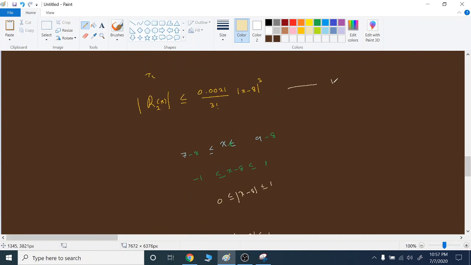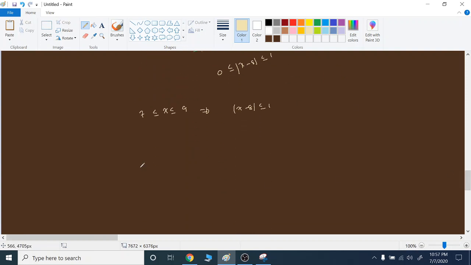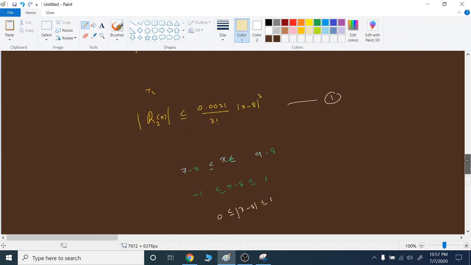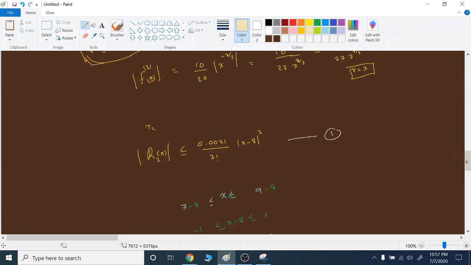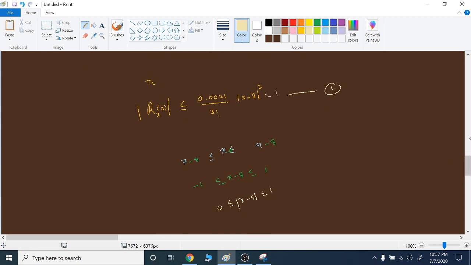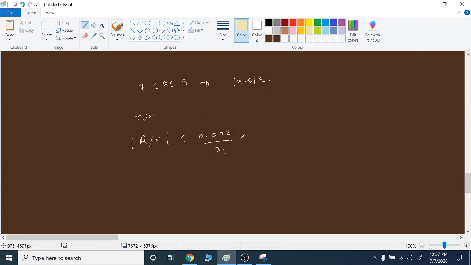Therefore, we can directly substitute it in this inequality. So ultimately what we have is the remainder caused by the second degree Taylor polynomial is less than or equal to 0.0021 over 3 factorial, that is this part, and instead of this one, now we can write down 1, right, because this is less than or equal to 1. So here you can multiply it with 1, right?